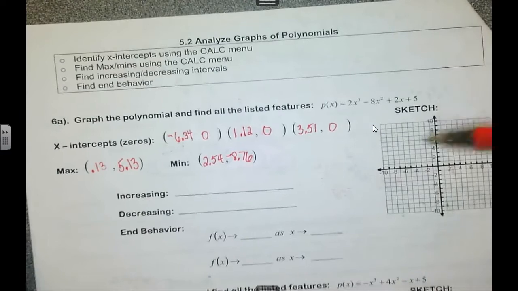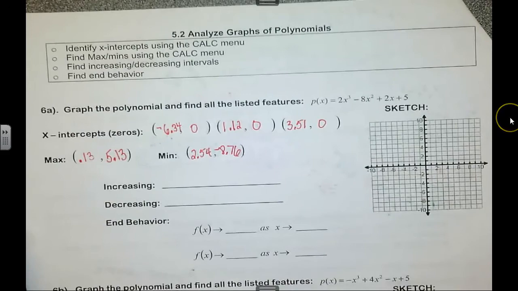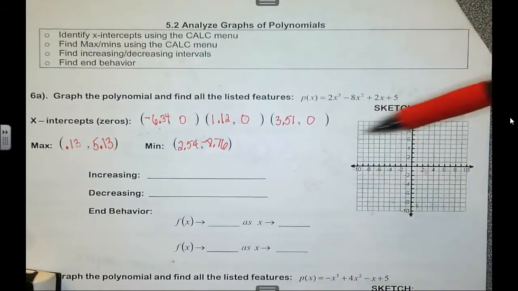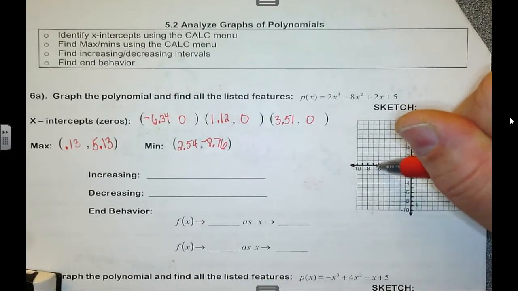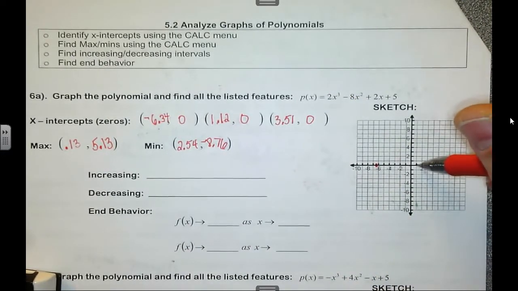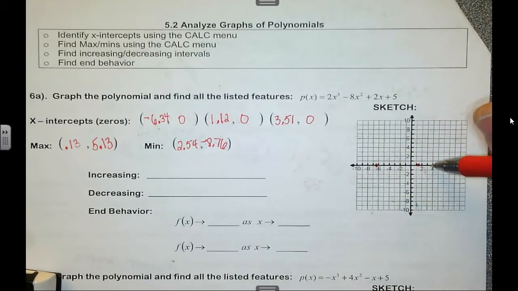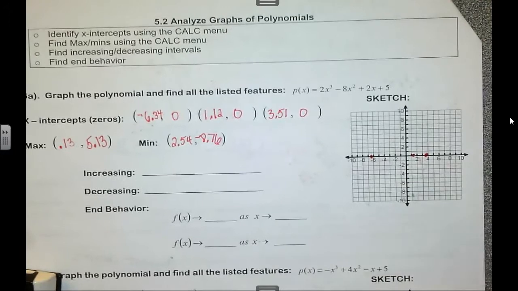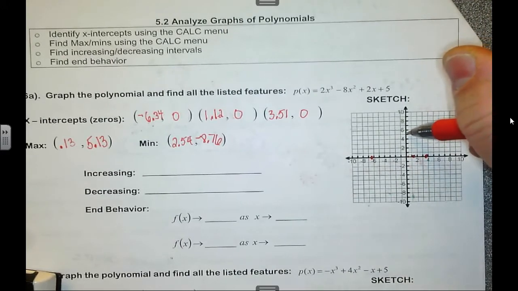Okay, five points to put on my graph to help me. I've got negative 6.3, so a little bit over negative 6, 0. 1.12, 0, so a little bit over 1, and 3.5, 0. Max, 0.13, so just a little bit over, up 5. A bit over 5, that's my max.